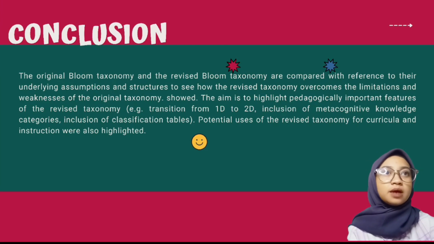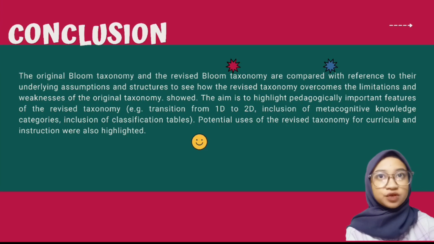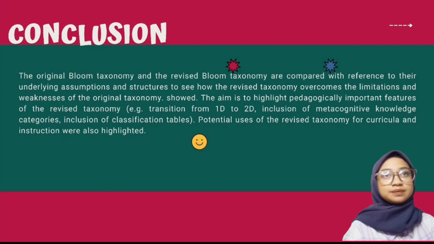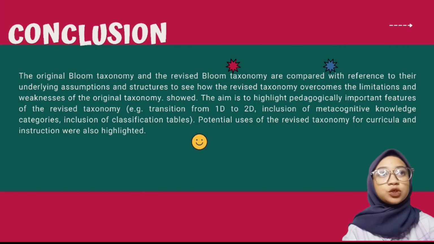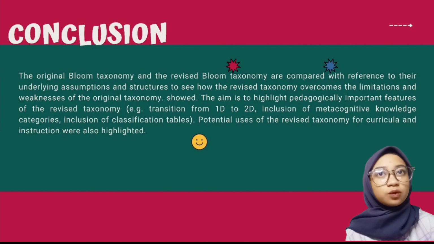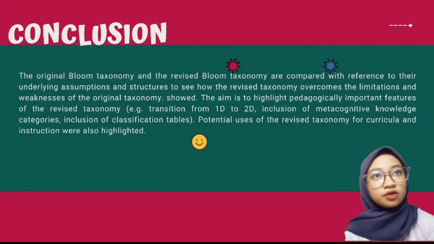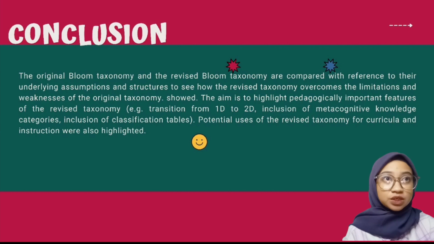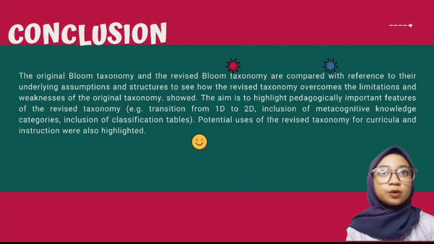The aim is to highlight pedagogically important features of the revised taxonomy: translation from one-dimensional to two-dimensional, inclusion of the metacognitive knowledge category, and inclusion of classification tables. Potential uses of the revised taxonomy for curricular instruction were also highlighted.